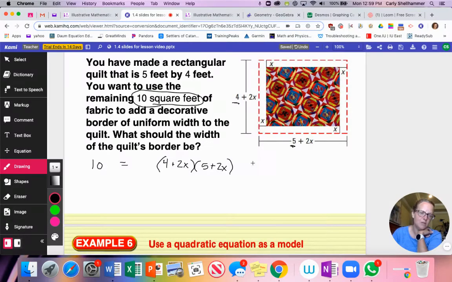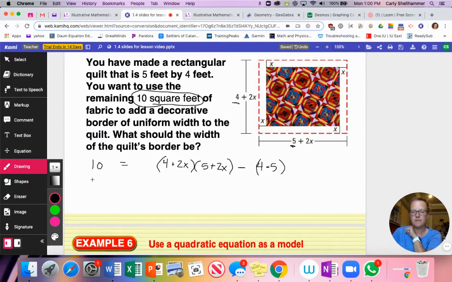But that's too much, so I need to subtract out the area of the quilt, which is just 4 times 5, because I want to figure out what x needs to be as related to the remaining 10 square feet of fabric. But I can't use this 4 and this 5 in the equation without subtracting it, because I'd be adding the area of that fabric twice, and I can't do that.